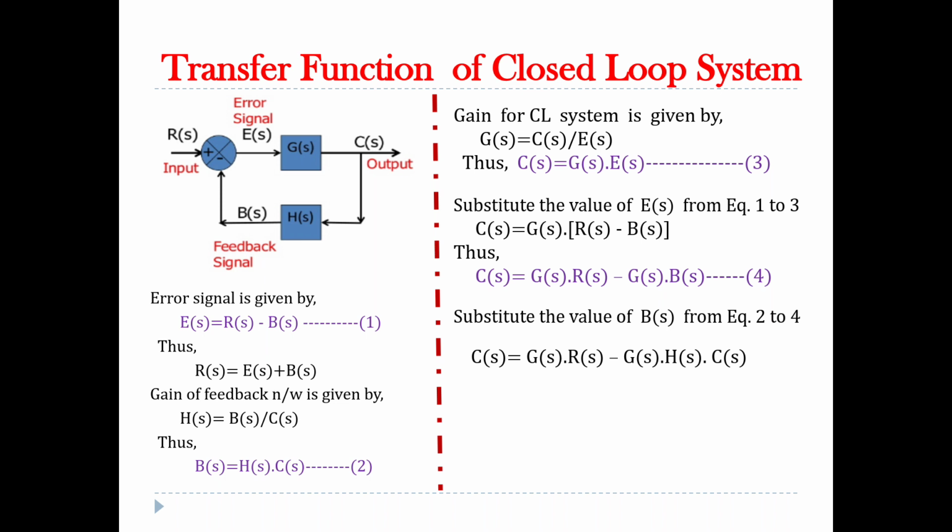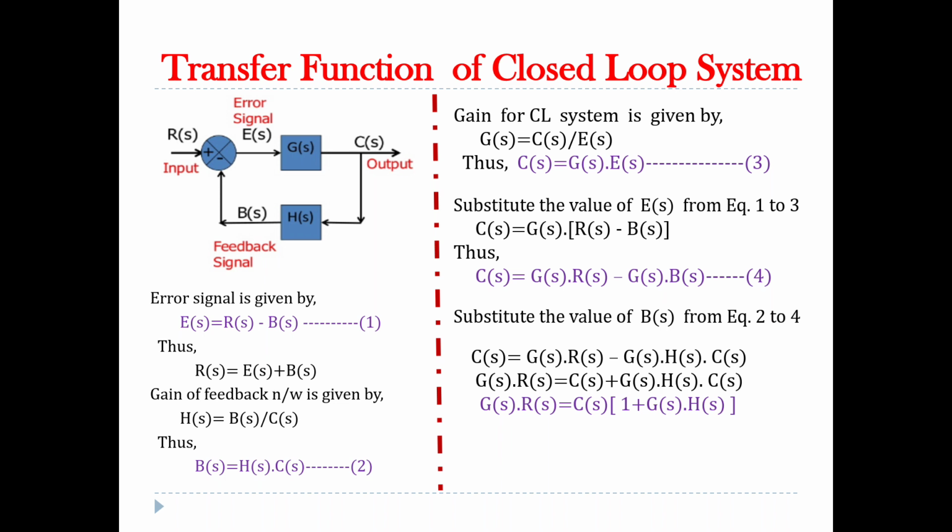which can again be written as G of s into R of s is equal to C of s plus G of s into H of s into C of s, which can be simplified further as G of s into R of s is equal to C of s into 1 plus G of s H of s. Now our intention is to find the transfer function of closed loop system, which is nothing but C of s by R of s.